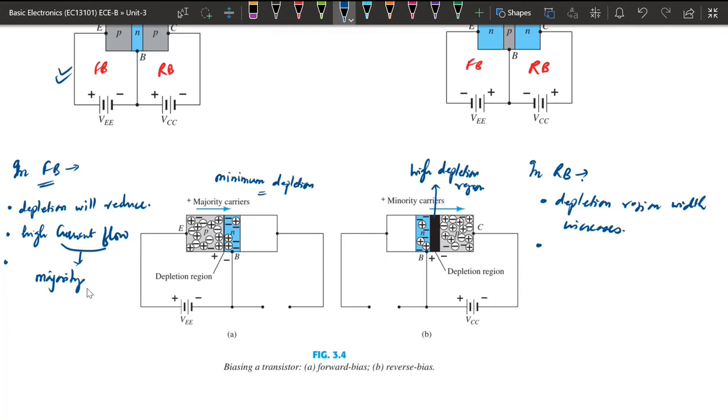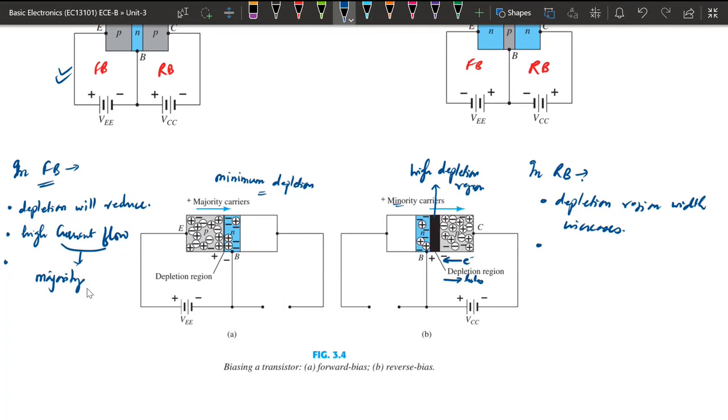Okay. So electrons are moving from here to here, and holes are moving this way. So opposite to this electron movement, the current flow direction is there. So overall the current will be flowing in this direction from n to p region, because of the minority carriers.